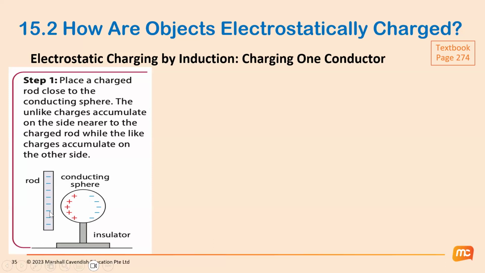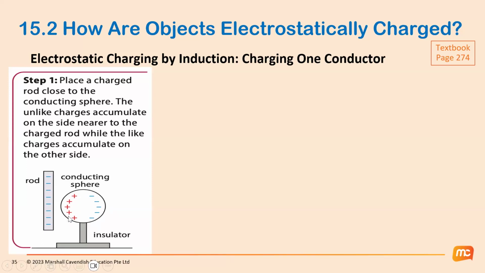This negatively charged rod will redistribute the electrons inside the conducting sphere. The negative charge will repel all the electrons to the right-hand side, leaving the left-hand side with fewer electrons, so the left-hand side becomes positively charged, while the right-hand side becomes negatively charged.